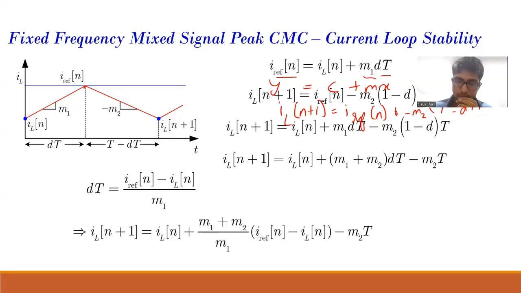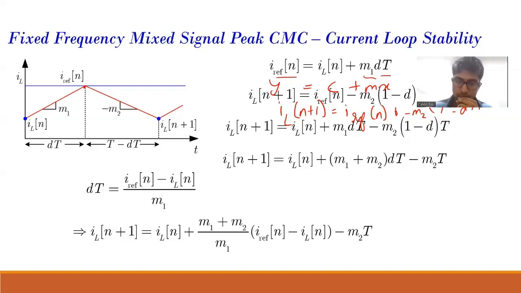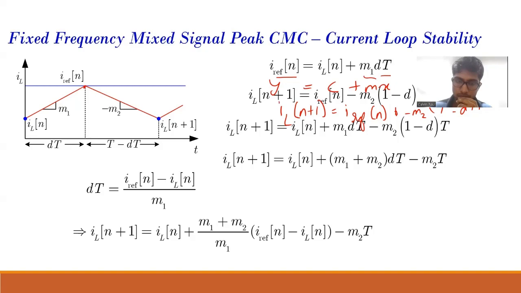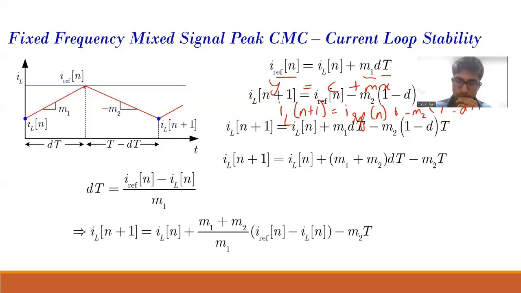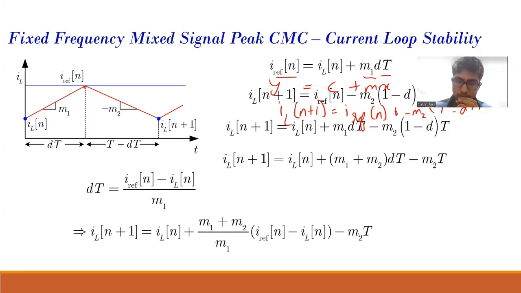I will get IL perturb of Z into Z minus 1 plus M1 plus M2 upon M1 is equal to M1 plus M2 upon M1 into IL reference perturb of Z.